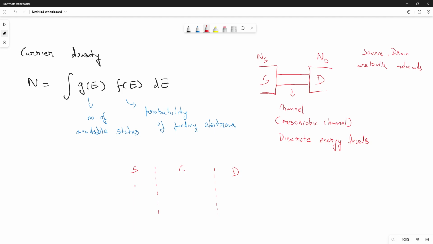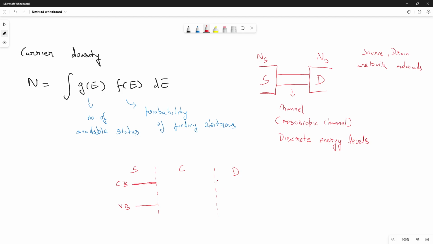Now on the source side, I have my conduction band, and I have the valence band.